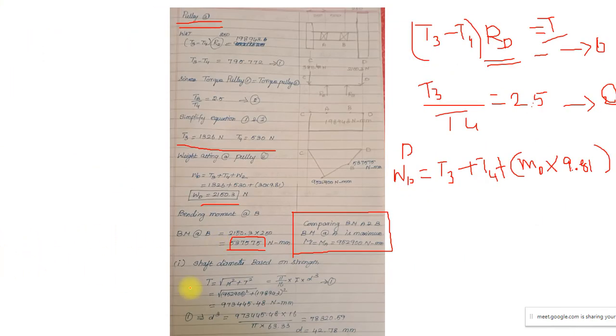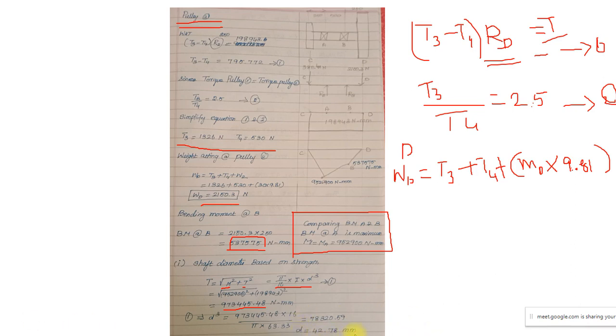T equals square root of M square plus T square, which is equal to pi by 16 into tau into D cube. I am substituting the values of M and T, and I have a certain value. I am equating that value to this equation, pi by 16 into tau into D cube, where I can find the D cube value, and finally I have the D value.